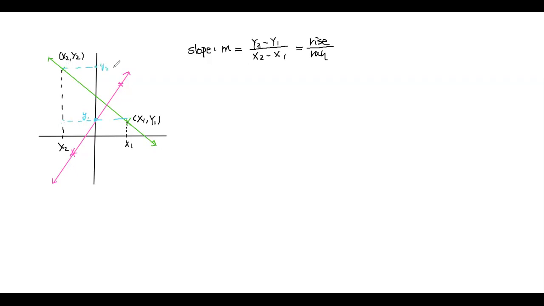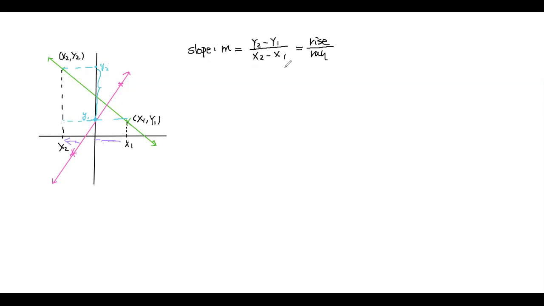So the rise: you rise from y1 to y2, so y2 minus y1, that's the rise, right? You rise from y1 to y2. And the run is from x1 to x2, so it's this distance.